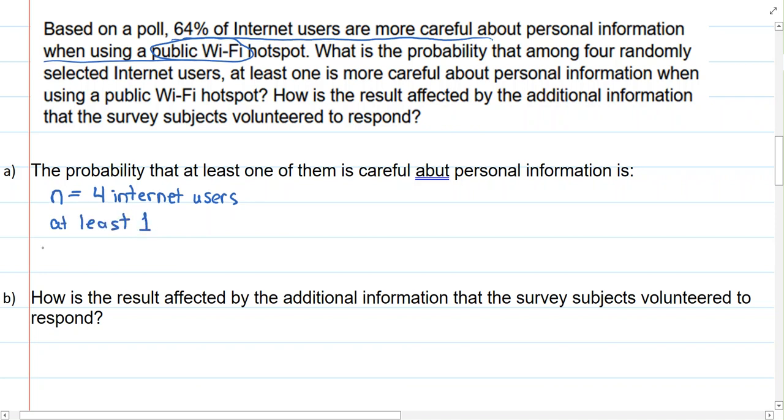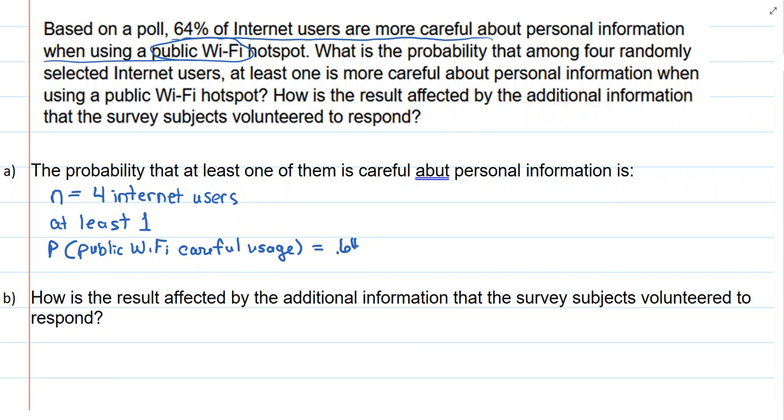All right. And we know that the probability of public Wi-Fi carefulness is 64%. So if we want at least one, we can have 1 or 2 or 3.